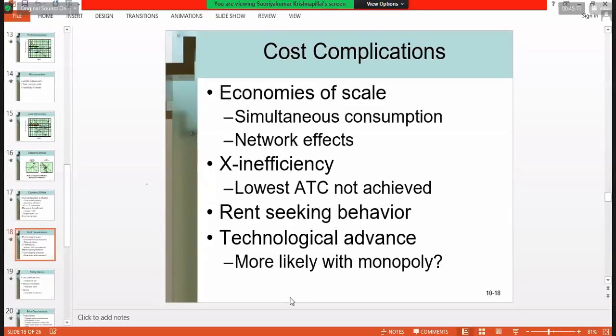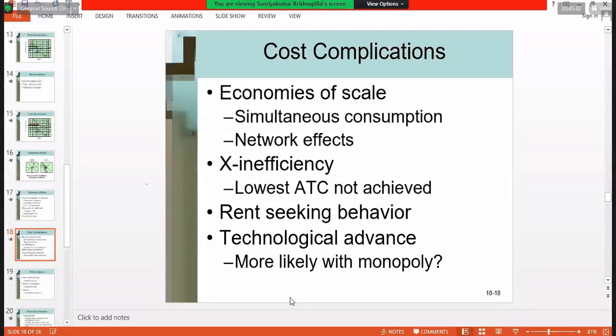He is the single producer. So even if he produces above the lowest cost, they will get profit. So it is possible to produce at a higher cost than the lowest possible cost. That is what we call X inefficiency. So it may happen.